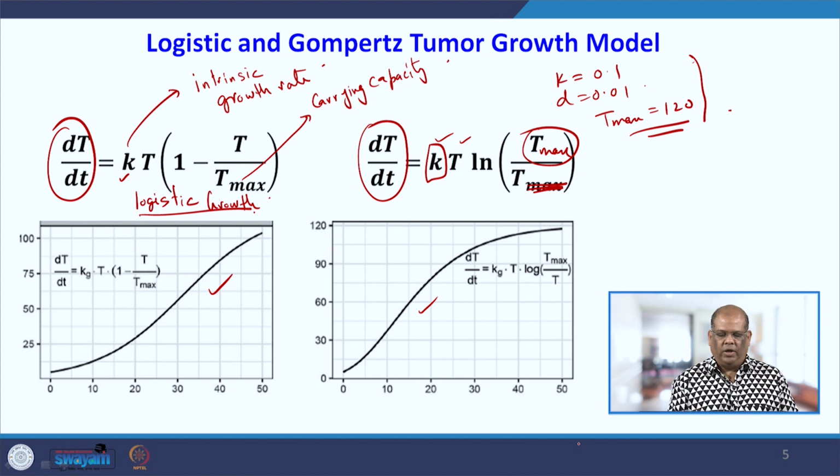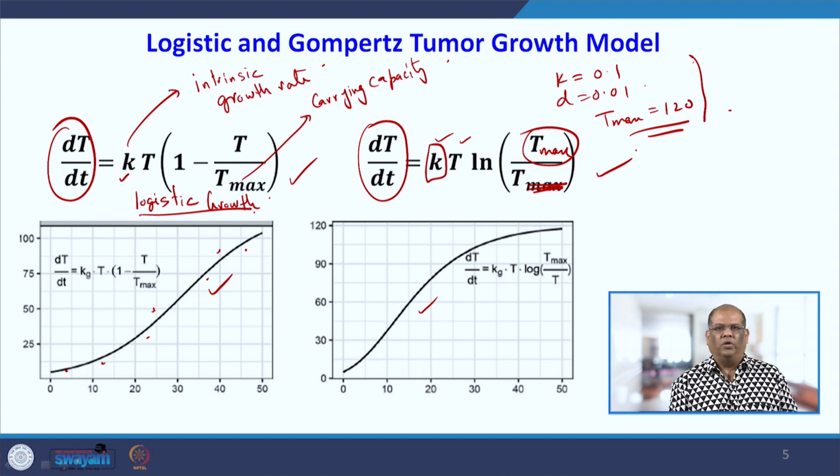Now, again the question is where you will use the logistic growth and where you will use the Gompertz growth. In tumor models you get the data, that is, how the tumor is growing with respect to time, directly from the patients. We will be able to measure that, and once you measure it, you plot the data and then try to fit one of these functions to that data.